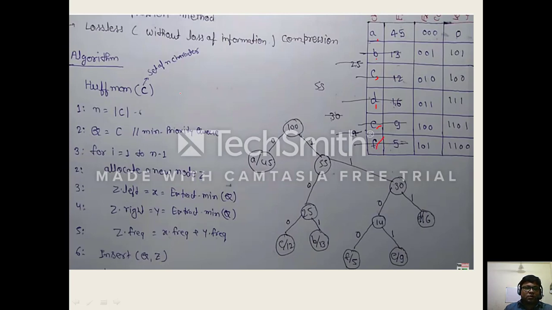So how does Huffman encode these symbols, or how is the compression done? Let us see. This is the algorithm and a number of steps are mentioned here.